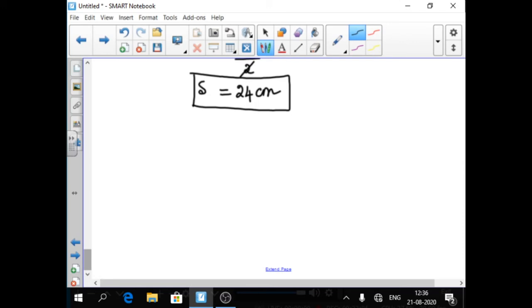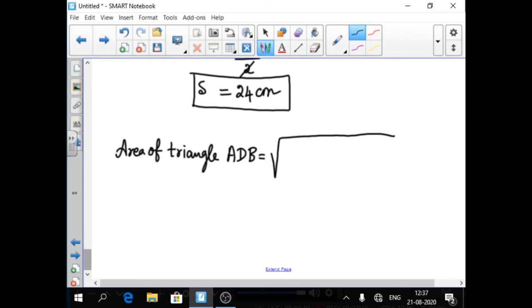Now we can apply area of triangle ADB is equal to root of 24 into S minus A, 24 minus 16, then 24 minus 12 and 24 minus 20.